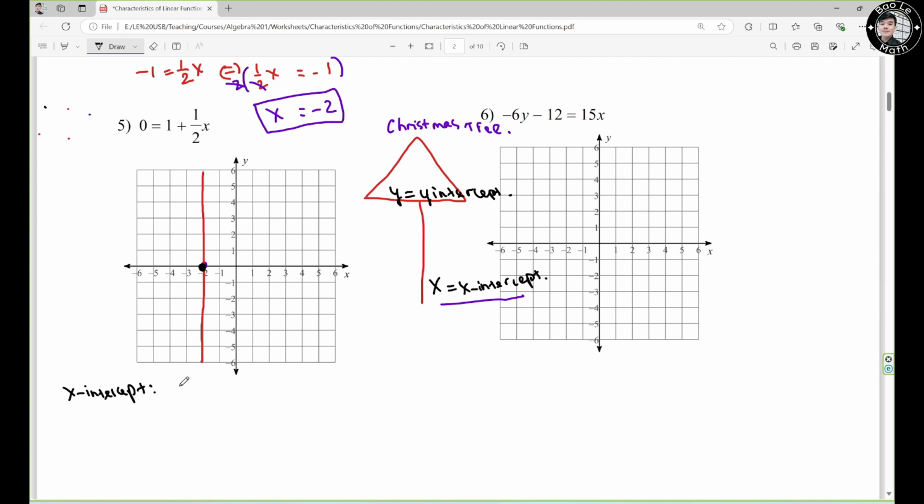It should be negative 2, comma 0. And the zero should be the number right here, negative 2. Now, there is no y-intercept because the graph never touches the y-axis. So, no y-intercept.